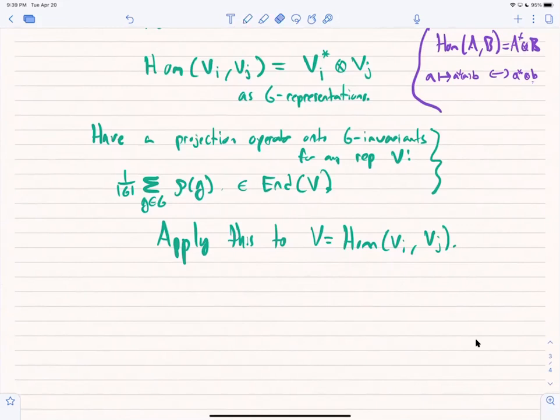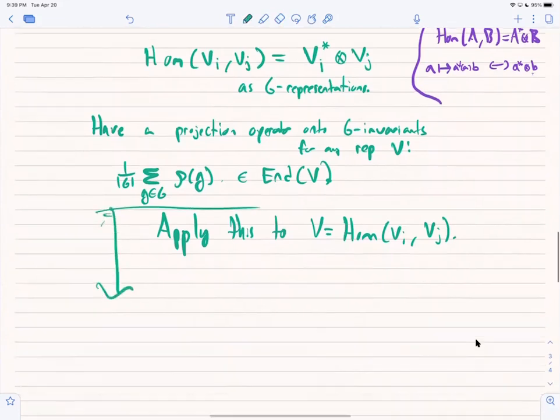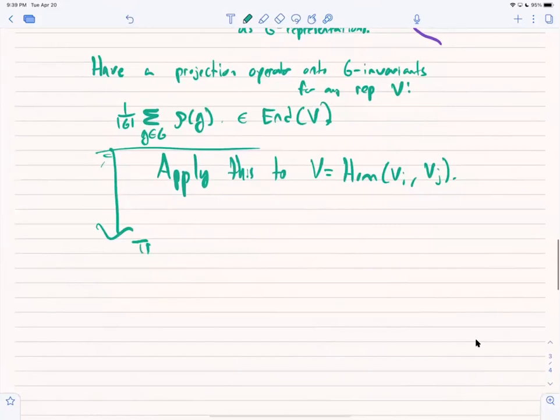Let me write that down here. The trace of a projection operator is just equal to the dimension of its image.